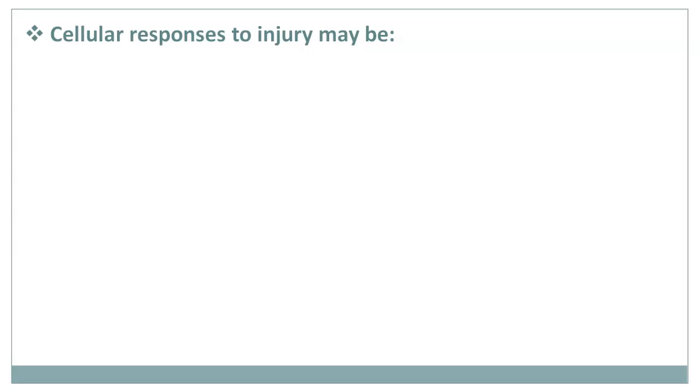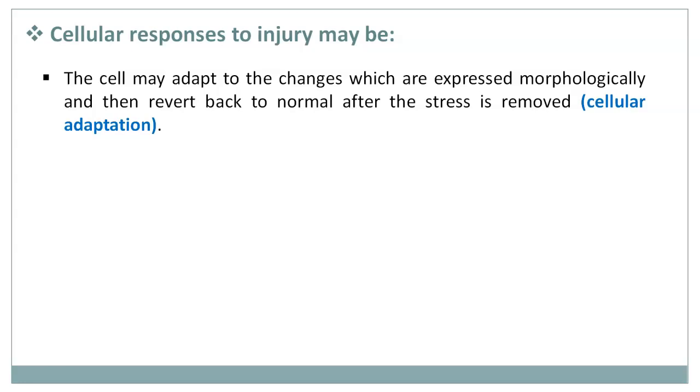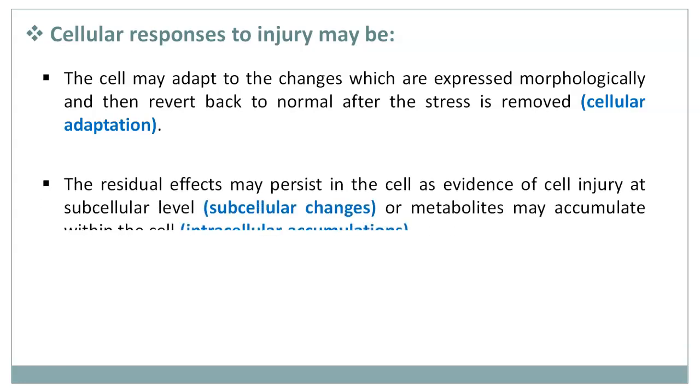Now, the cellular responses to this injury may be: first, the cell may adapt to the changes, which are expressed morphologically, and then revert back to normal after the stress is removed. It is called cellular adaptation.